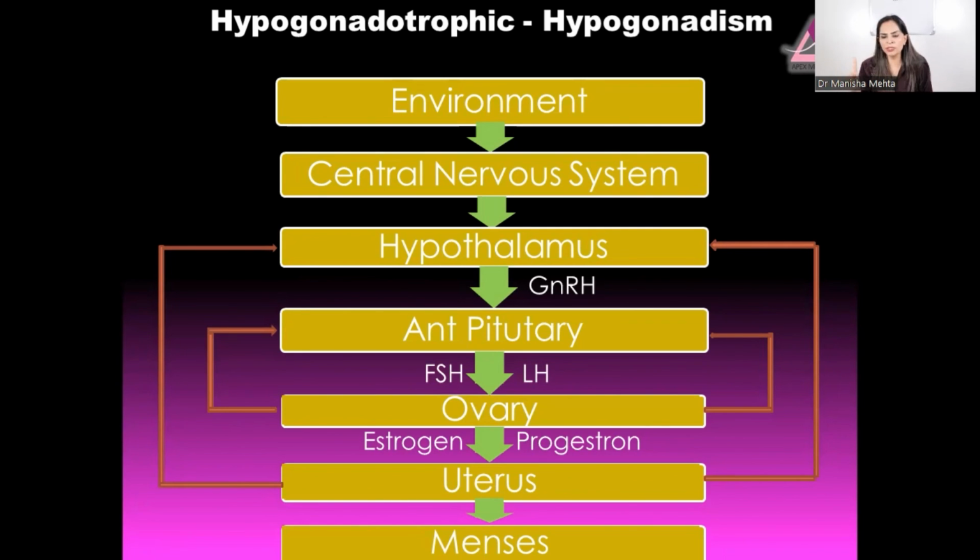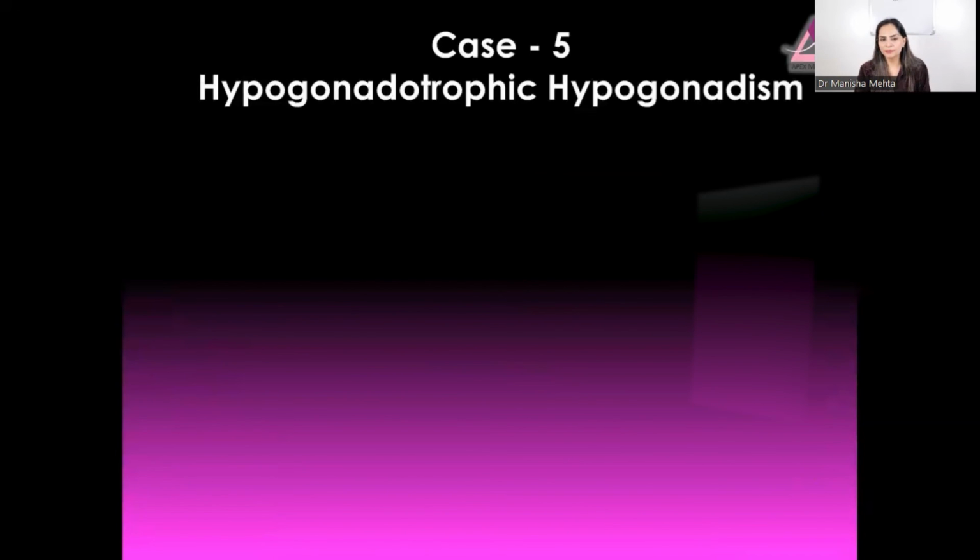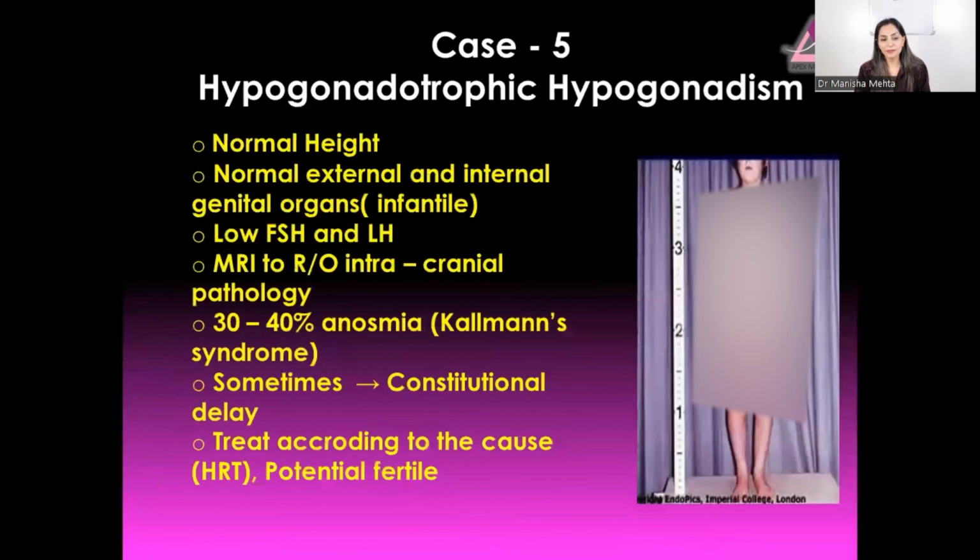We are not bothered if the problem is at the hypothalamus or pituitary. We just know that she needs supplementations. So this is how a hypogonadotrophic hypogonadism patient will present. She'll have a normal height, normal external and internal organs, though infantile.